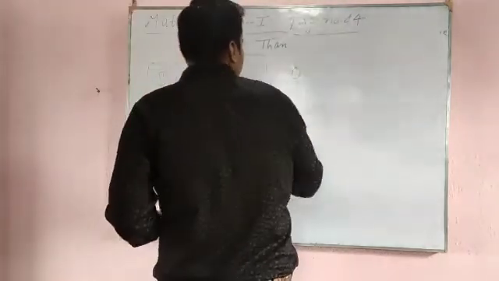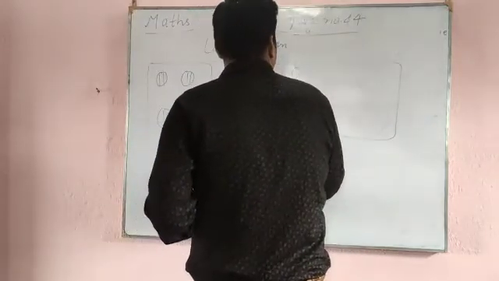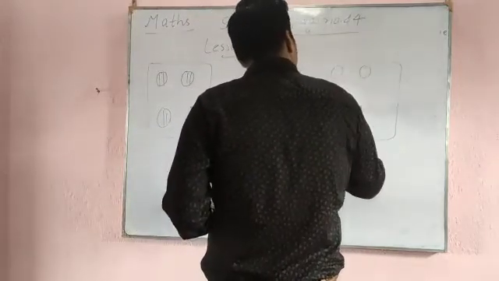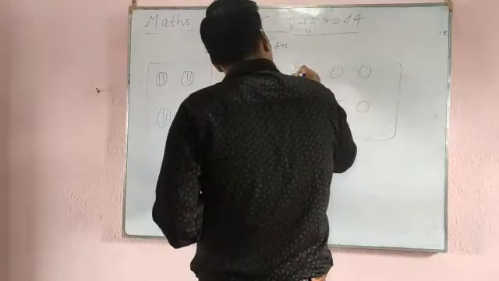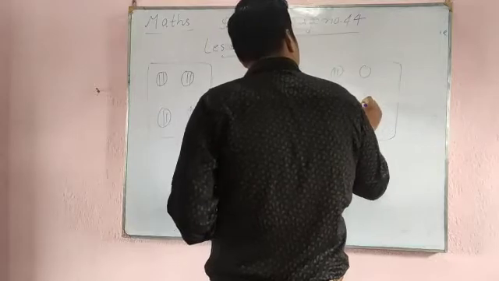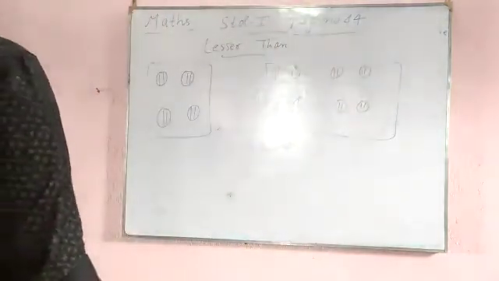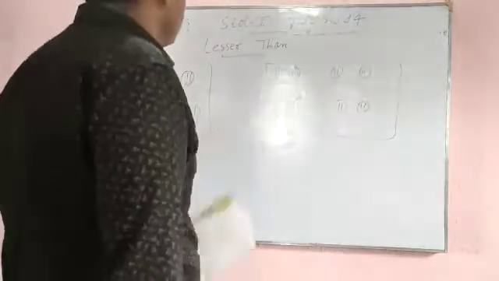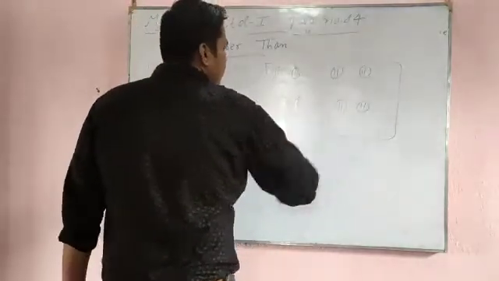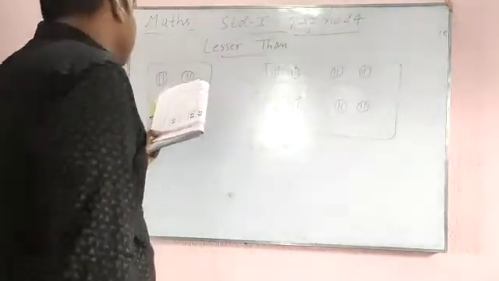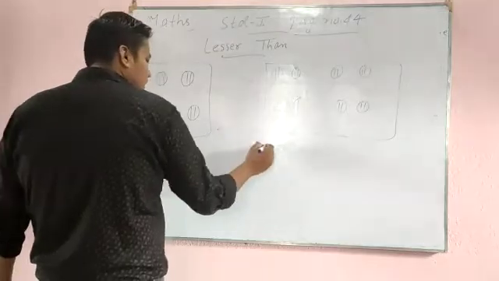Now in this box, you can see in the first box there are 4 balls, but in this box 1, 2, 3, 4, 5, 6, 7, 8. The question is lesser than. So this is 4 and this is 8.